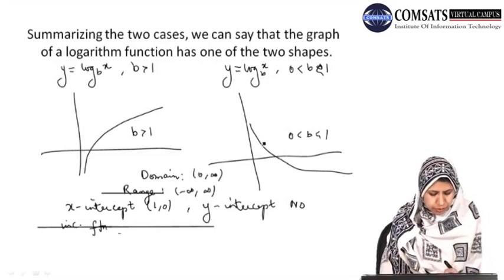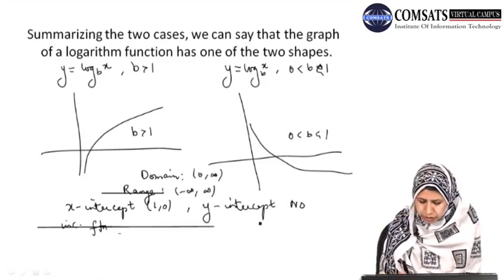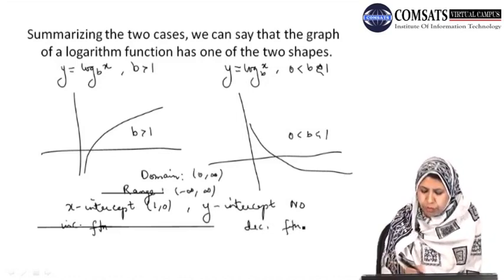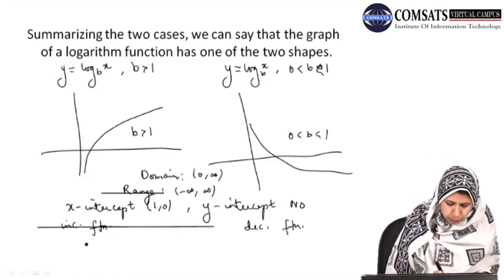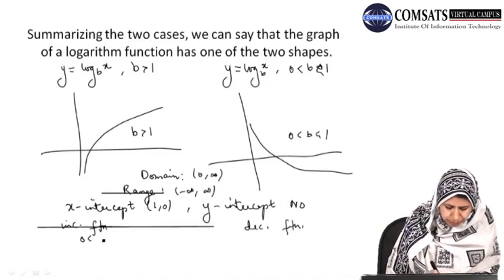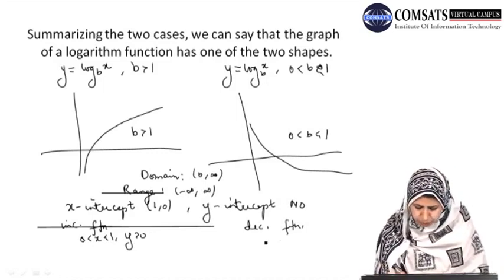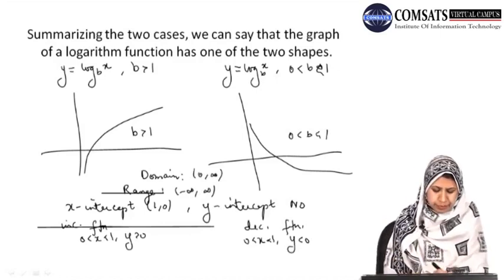Now, the graph of the function when b is greater than 1 is an increasing function rising from left to right, and the graph when b is between 0 and 1 is a decreasing function falling from left to right. When x is between 0 and 1, y is negative when b is greater than 1, but here we have the opposite case: y is positive.